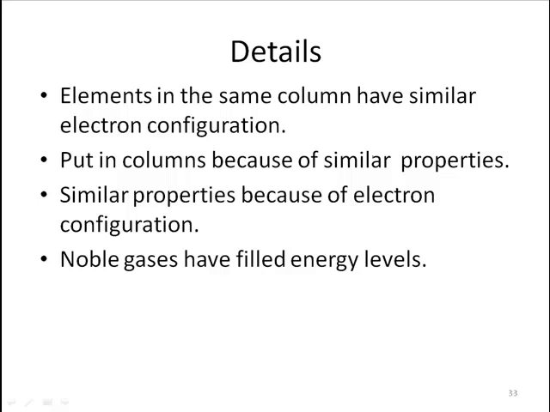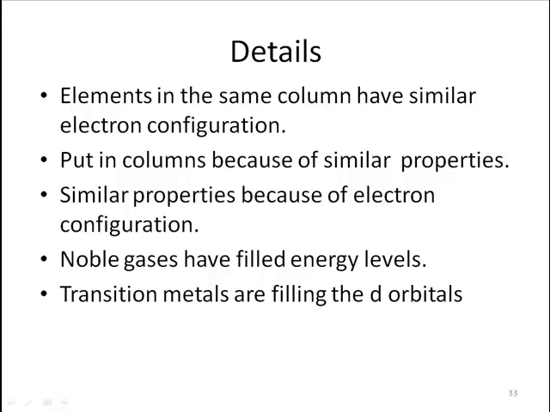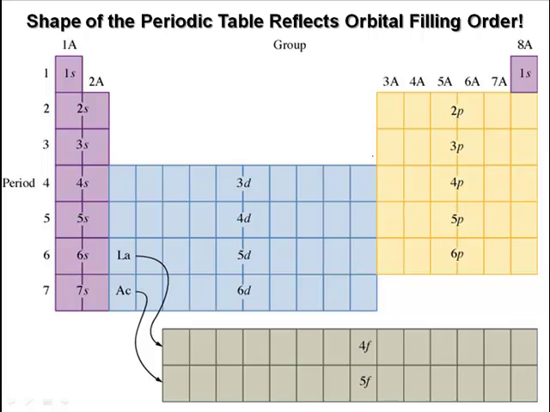Their energy levels are completely filled, and this is what gives them their stability. Transition metals are filling the d orbitals. So here's our 1s, 2s, 3s, 4s, 5s, 6s, 7s, 2p, 3p, 4p, 5p, 6p, 3d, 4d, 5d, 6d, and 4f and 5f down at the bottom.